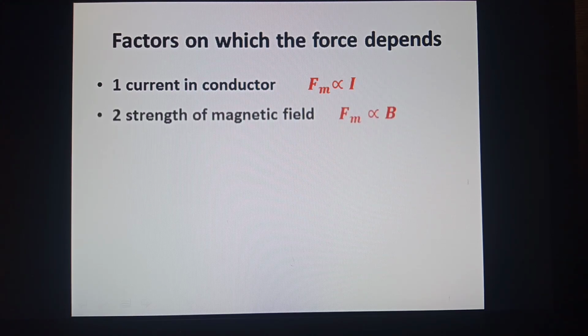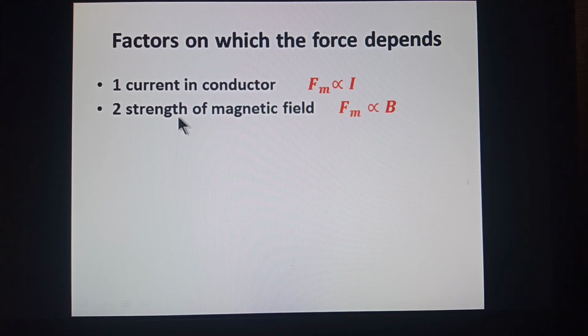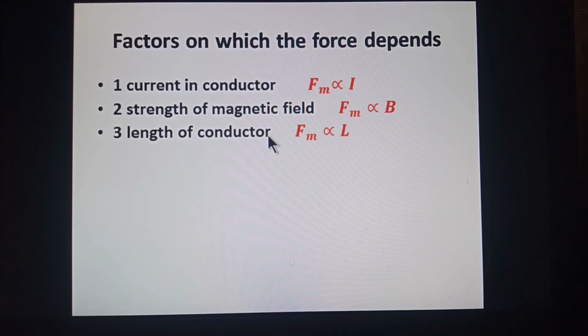Number two, it depends upon the strength of the magnetic field. The force depends upon the strength of the magnetic field. Stronger the magnetic field, more the force it will exert on current carrying conductor. Number three, length of conductor.